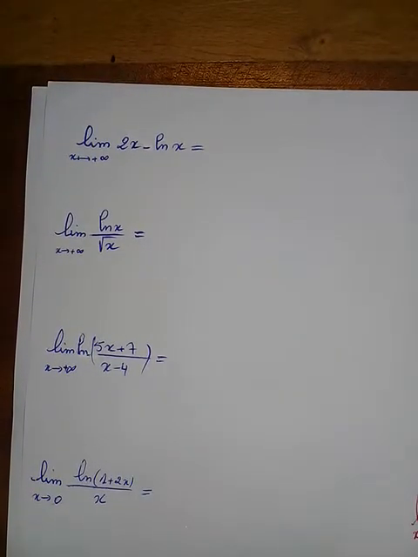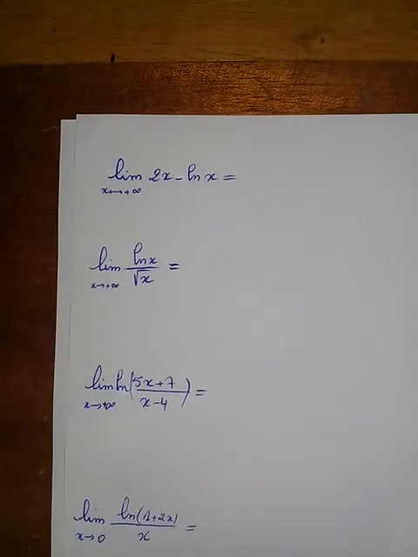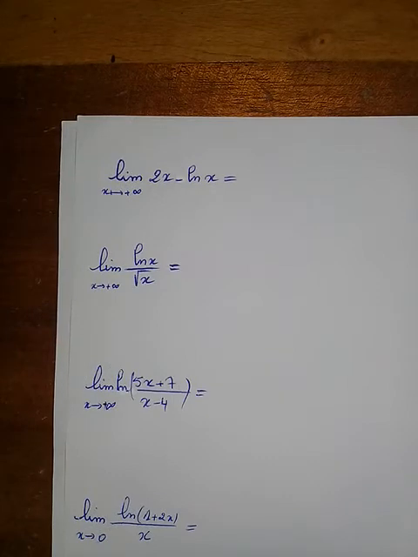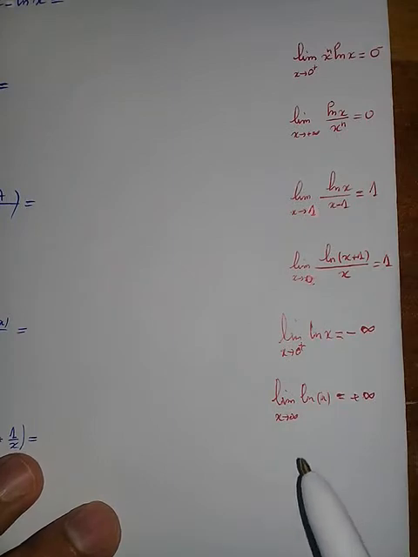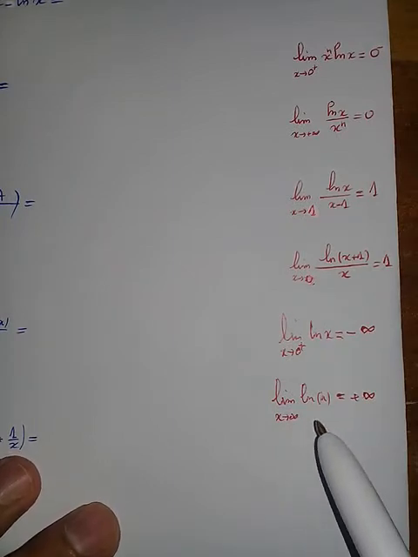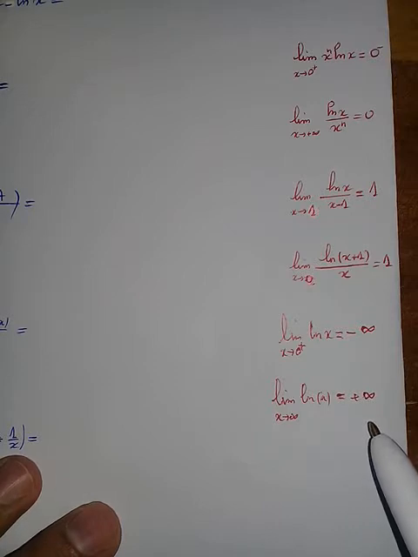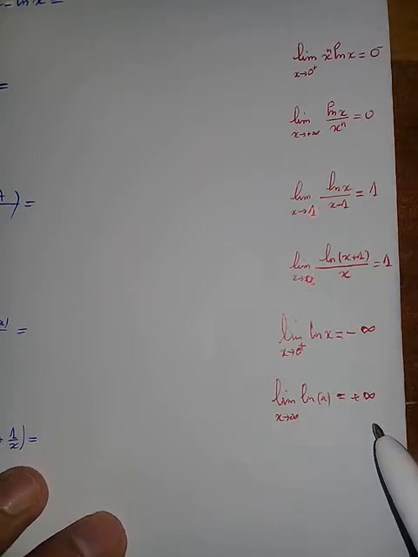In this video, we're going to see some limits involving natural logarithms. But to evaluate them, we assume that we're already familiar with some basics like these. The limit when x goes to infinity of ln x is positive infinity.